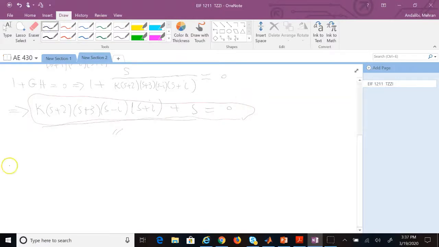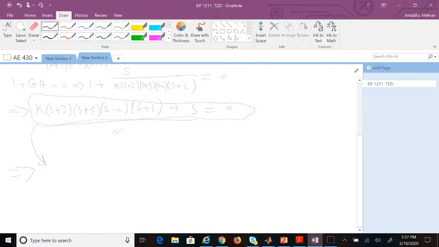Okay, now what? As I said, K should be in the numerator. So what do we do now? If we divide both sides by s, we are dividing now this equation only, this numerator only.